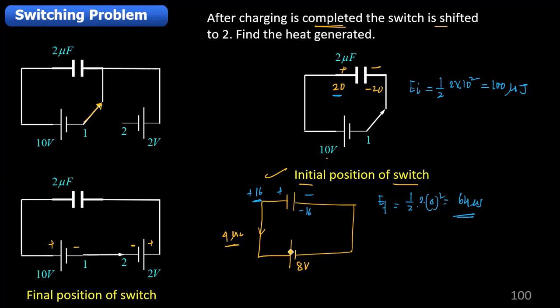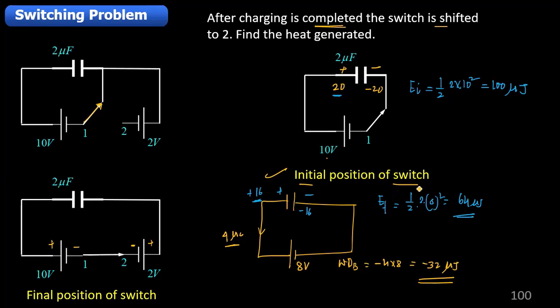So the work done by the battery is negative: 4 microcoulomb into 8 with a negative sign, that is minus 32 microjoule.